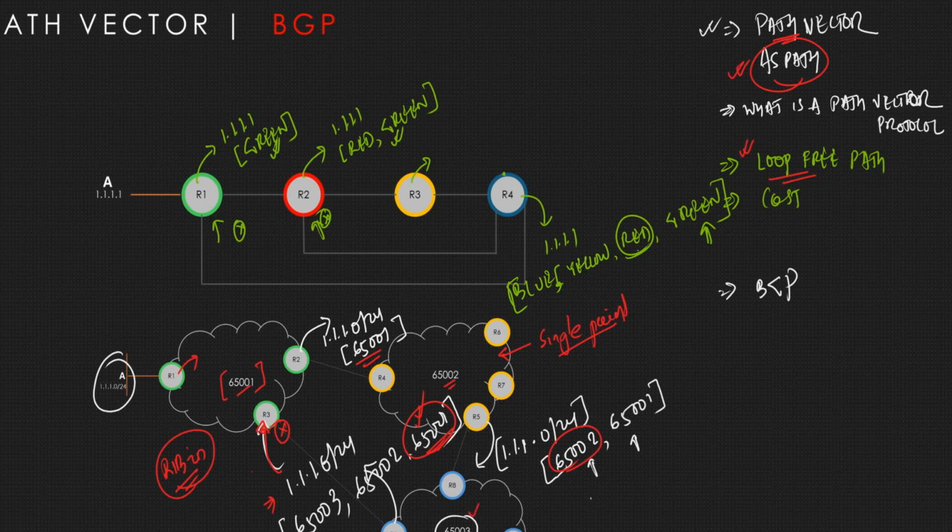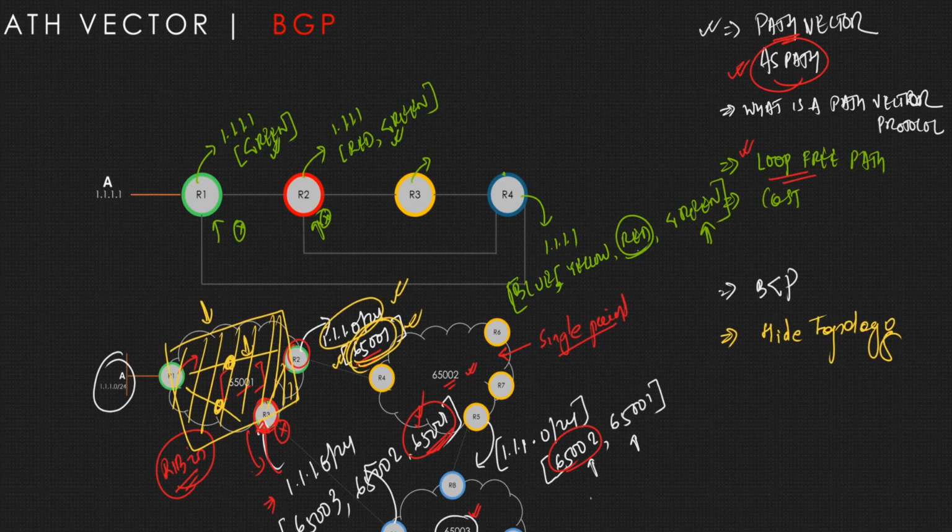right? If you are sitting over here, whenever a route is received, you say that, okay, 65002 is advertising a route. If you are receiving a route from 65001, 65001 is advertising the route. You are not saying that I am getting it from R3 or from R2. You are saying that I am getting this route from 65001 or from 65002. So this is coming from only one entity whenever we are advertising.